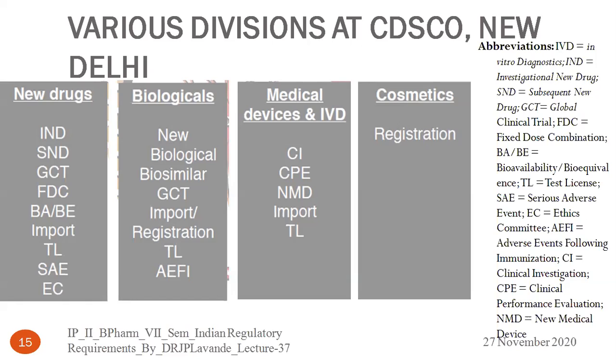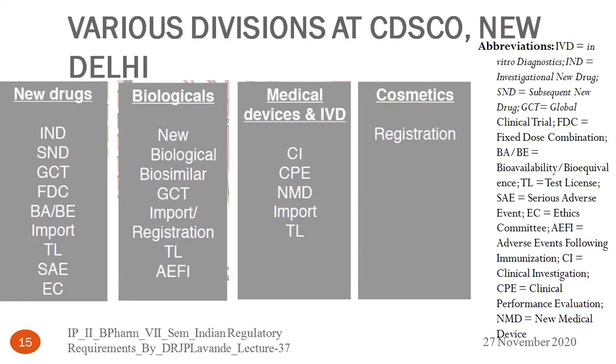Let's take the new drug division as an example. This division is responsible for giving approvals for investigational new drugs, that is the IND, and subsequent new drugs, that is the SND. It is responsible for approvals of global clinical trials, the GCT, and fixed dose combinations.